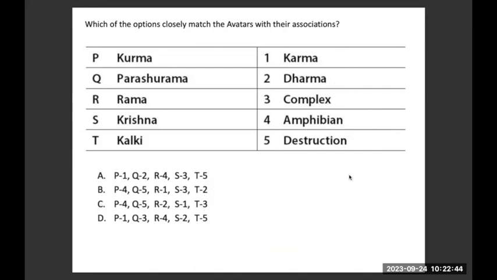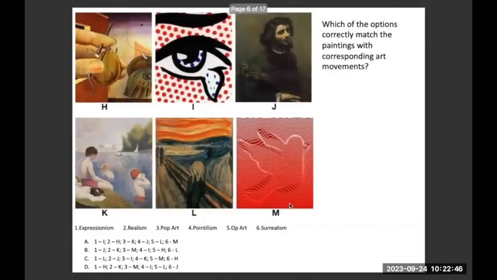Okay. This is the painting style. What you're given here are different paintings, and you're supposed to match them with their relevant styles. Again, please follow the match the following process with the same method that we started.